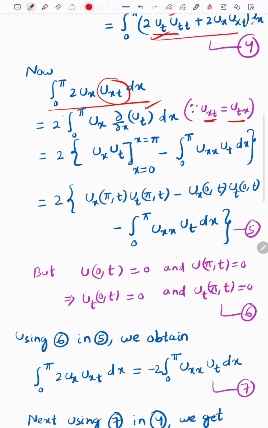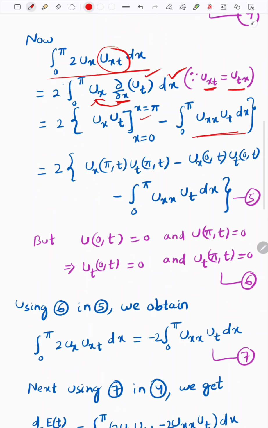Now here you will see the derivative with respect to x and integration is there, so we can apply the integration by parts formula, meaning we shift the derivative to the other factor. If you apply integration by parts, a boundary term comes, and this is the second term.